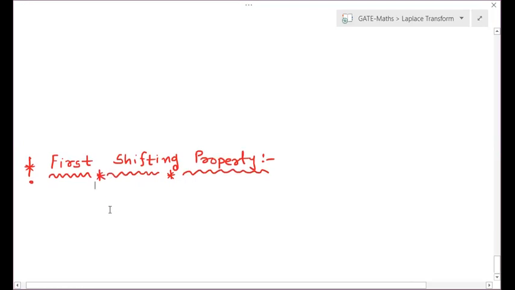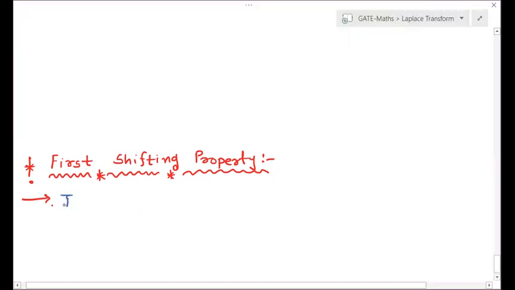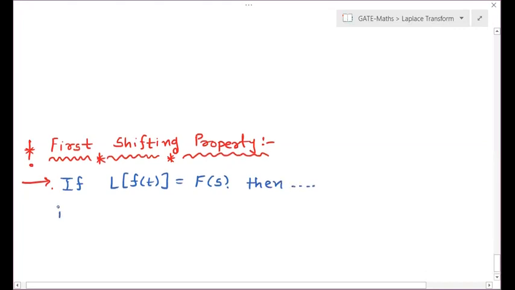Now see, so first shifting property states that if Laplace of f of t equal to F of s, understand this carefully, if Laplace of f of t is capital F of s, that means you know the input function and output function, then Laplace of e to the power at into f of t will become F of s minus a.